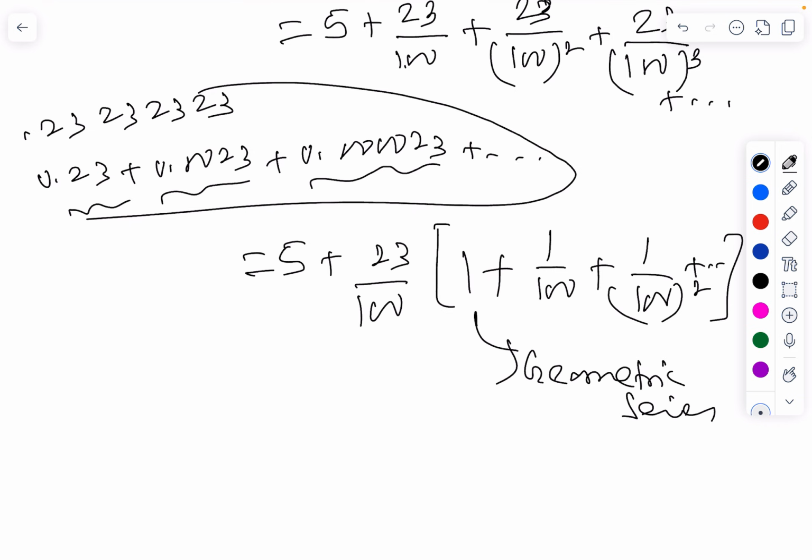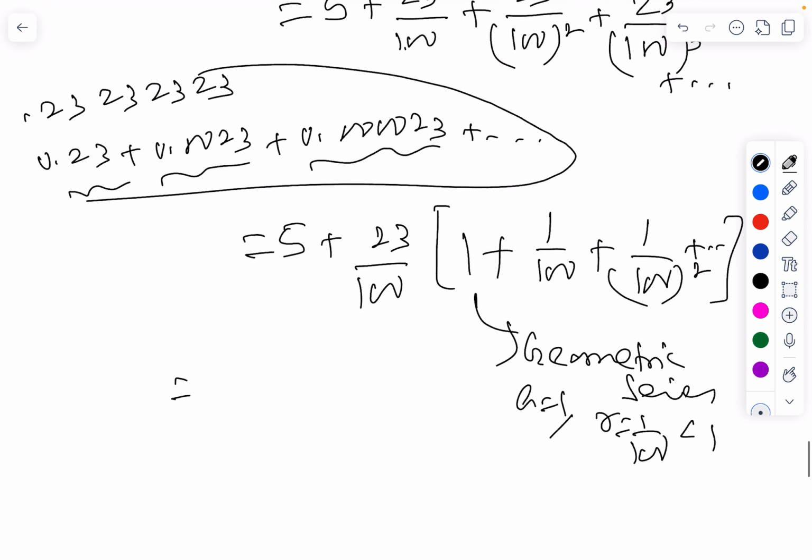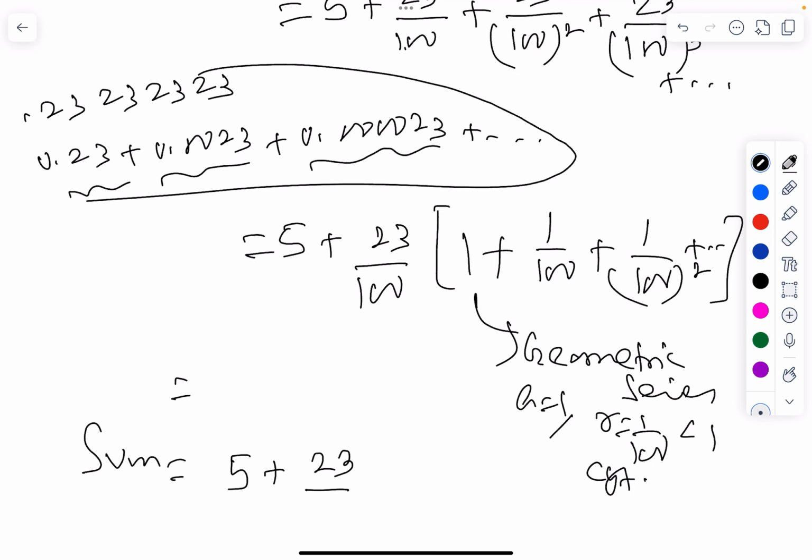And then A is 1 and R is 1 by 100, which is less than 1. And so that is convergent. So what is the sum here? So sum equals 5 plus 23 by 100, A upon 1 minus R, so 1 upon 1 minus 1 by 100.